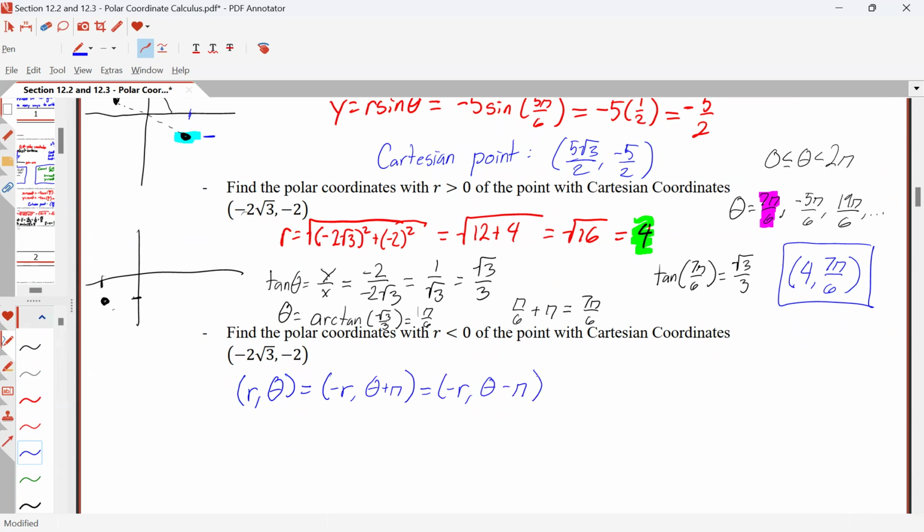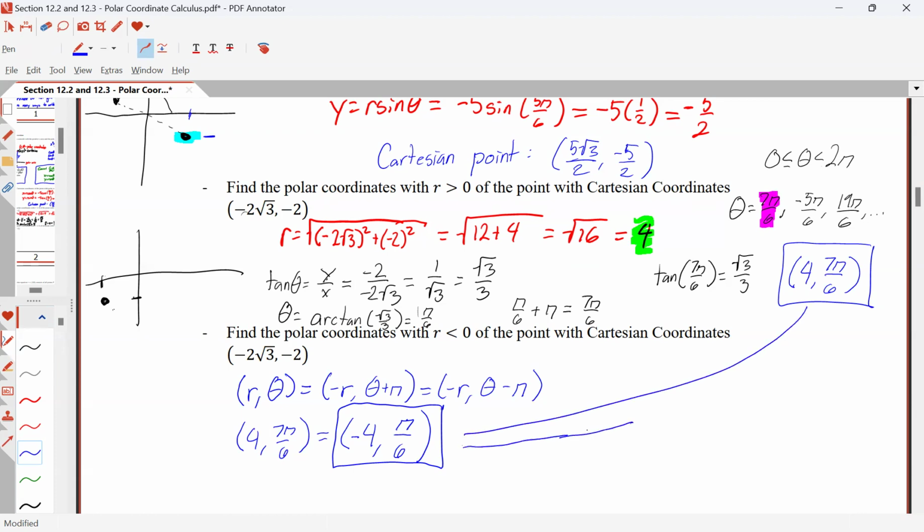So taking this coordinate we had before, 4, 7 pi over 6, if I make the radius negative, I can subtract pi and get negative 4, pi over 6, giving the same coordinate. So there is our polar coordinate with r less than 0, where 4, 7 pi over 6 and negative 4, pi over 6 are equal to each other.